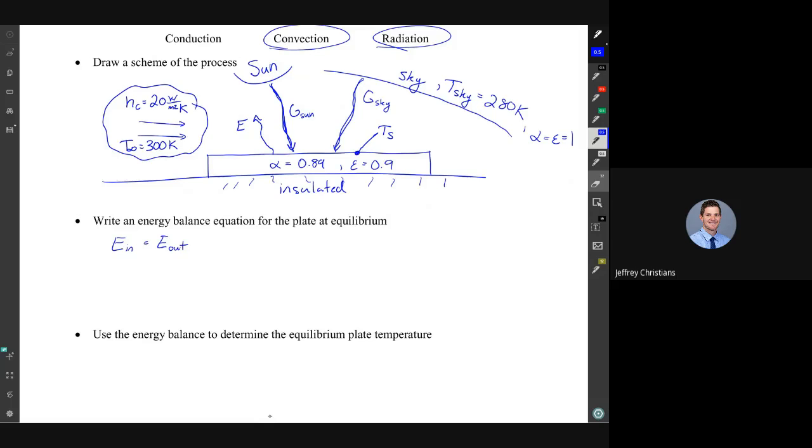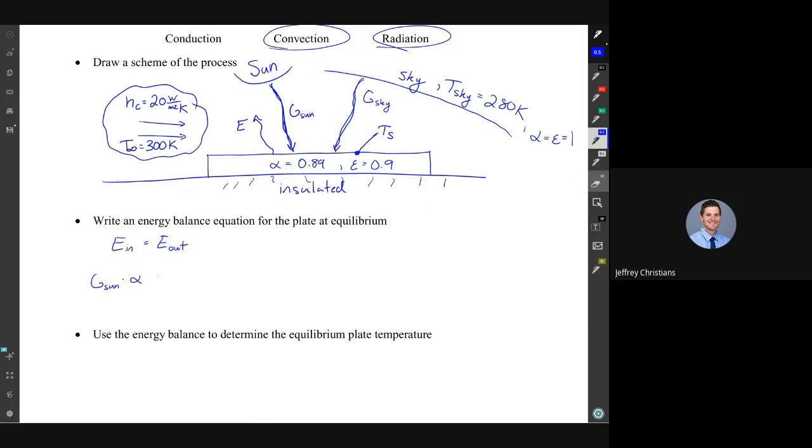Okay, so how much heat is actually coming into the plate from the sun? It's going to be the amount that's hitting it times how much actually made it in as heat. So G times alpha, how much struck it times the absorptivity. So G sun times alpha. That's how much is coming in from the sun.